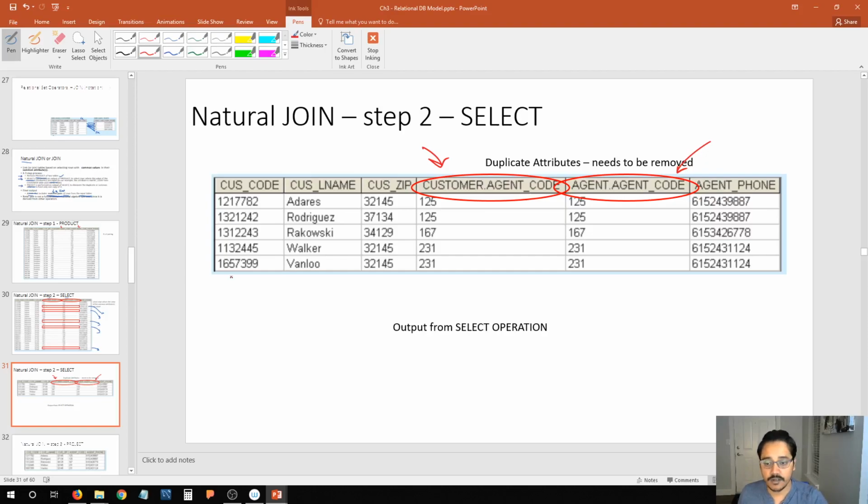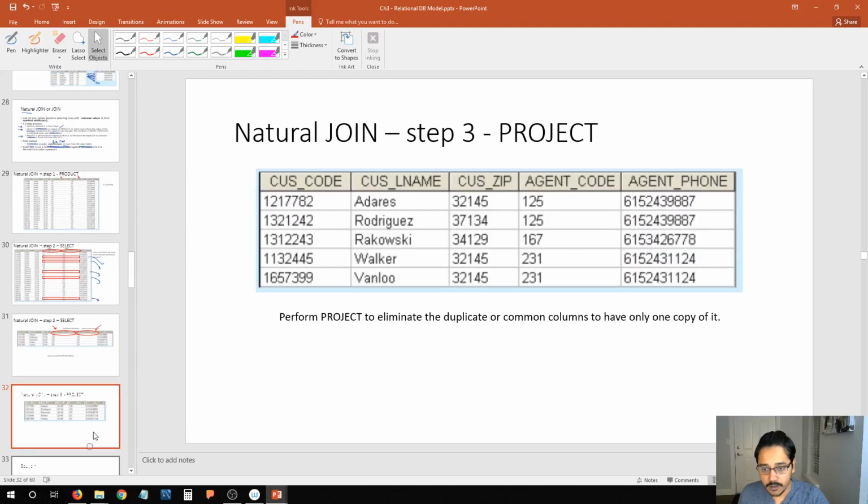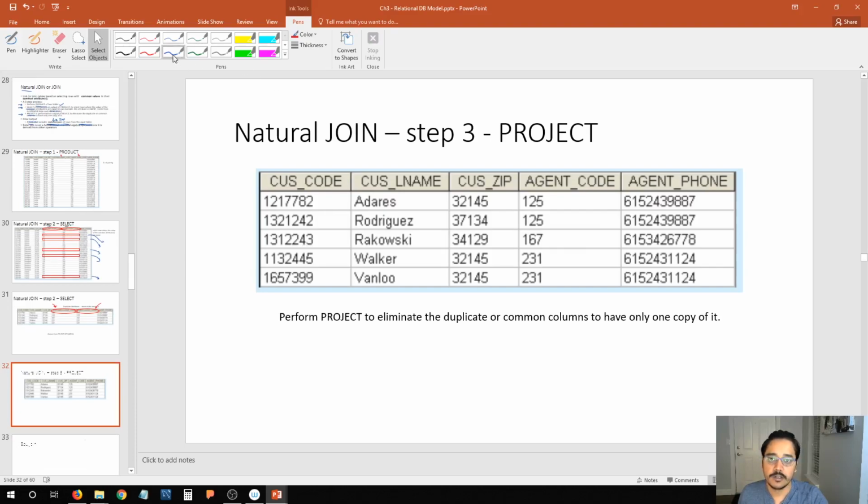As a result, we do the third operation, which is the project operation, where we simply eliminate the duplicate attribute and make it appear once. If you remember the logic of project, we can selectively choose which attribute should come in the output. So this is the output.